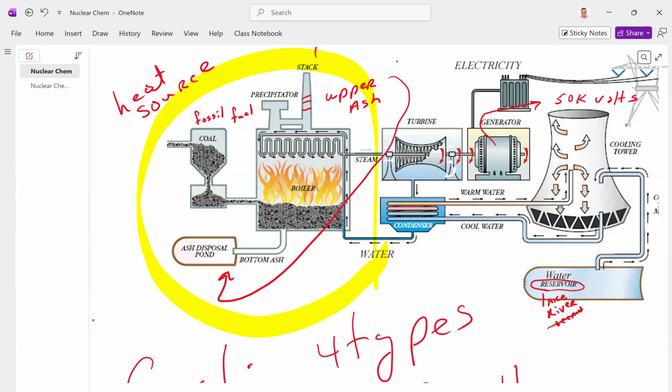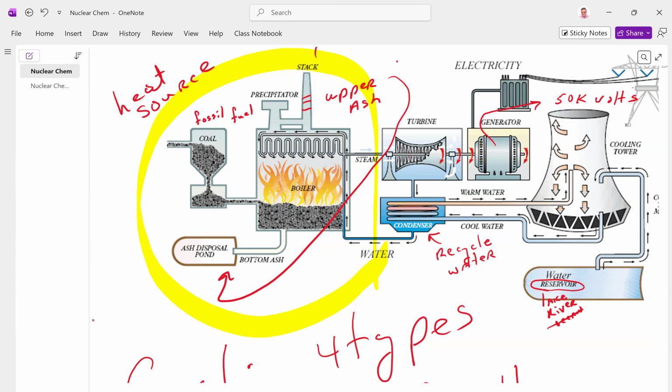Now that water is recycled right here in the condenser. That's to recycle the water. So there's no need for a constant stream of water unless it's evaporated. Now, the problem is the water is no longer liquid, it's steam right now.